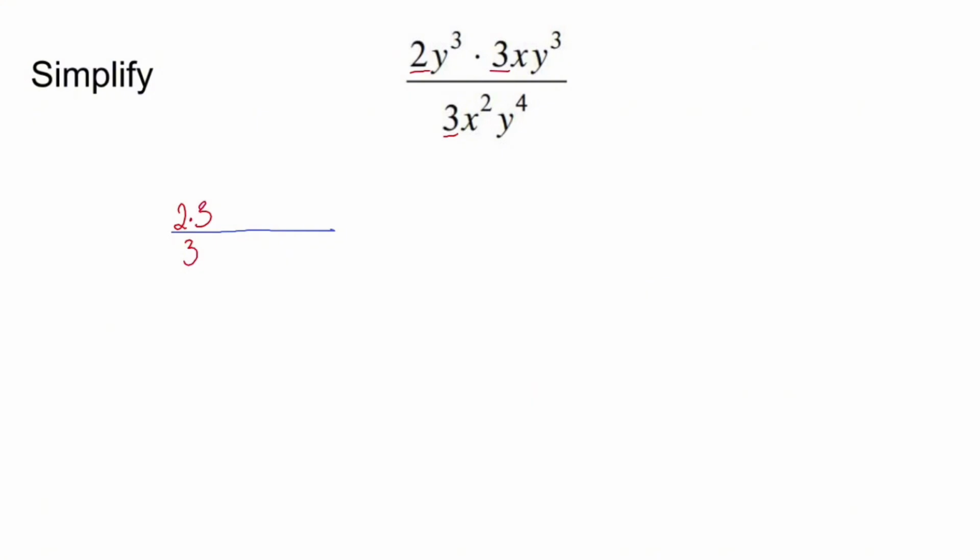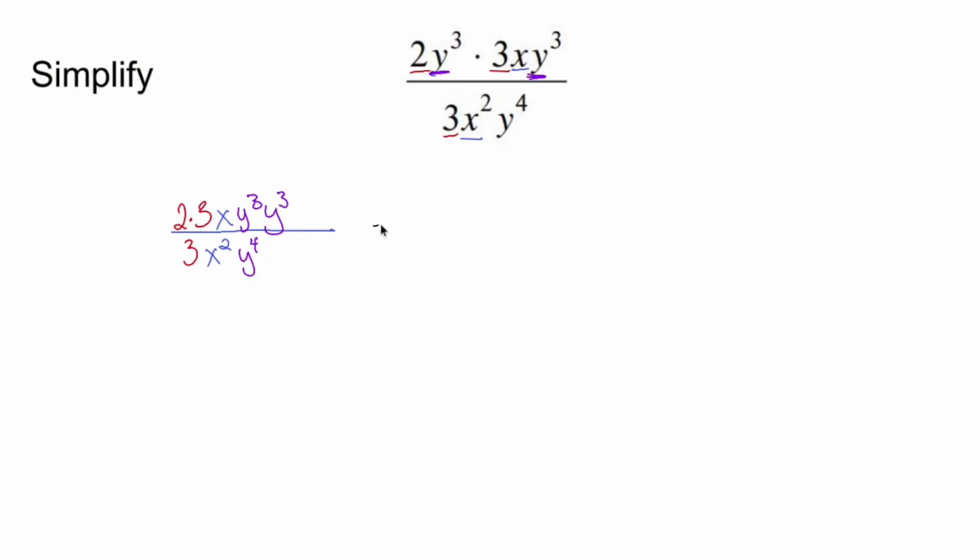What else? Let's go in alphabetical order. X over here, x squared on the bottom. Okay, y to the third next to y to the third, all over y to the fourth.